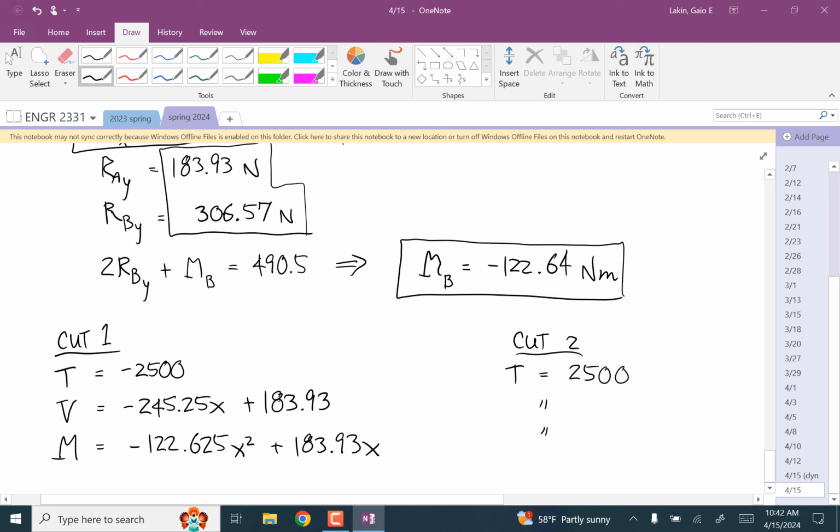Is the shear force the derivative of the moment, the internal moment? Yeah, as long as you're talking about the functions, yes, that's true. That's a good observation. I could have just seen it that way.